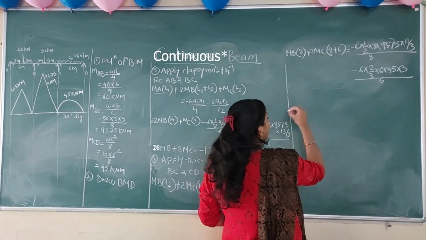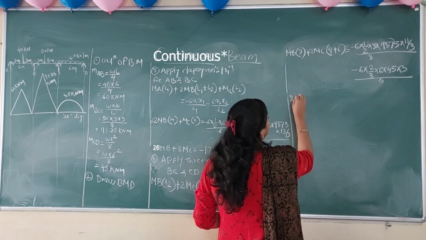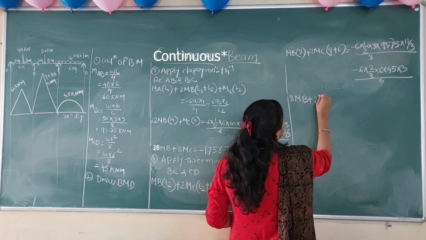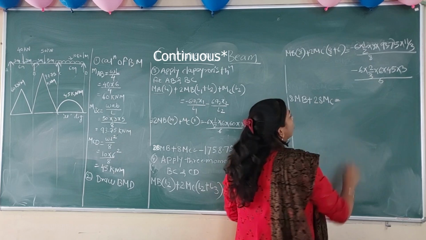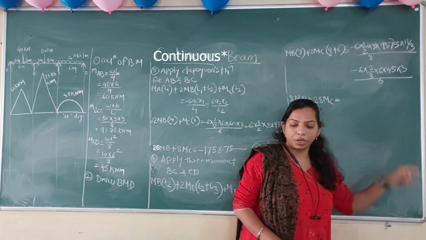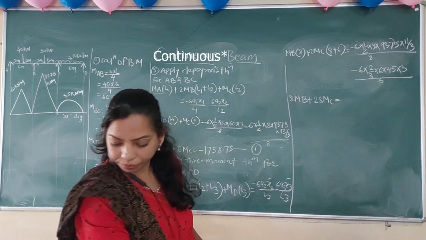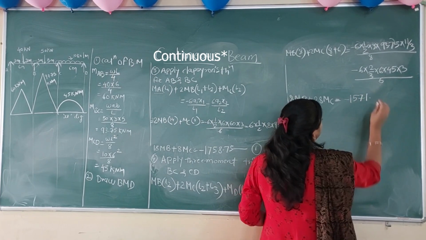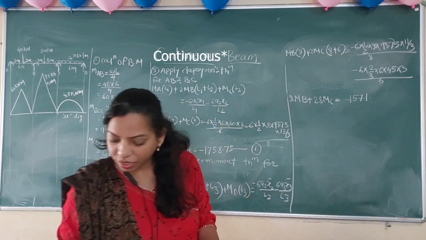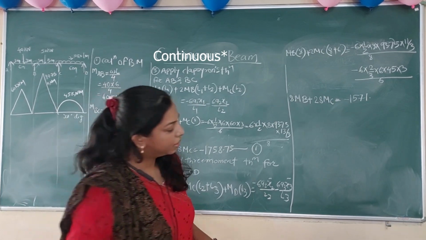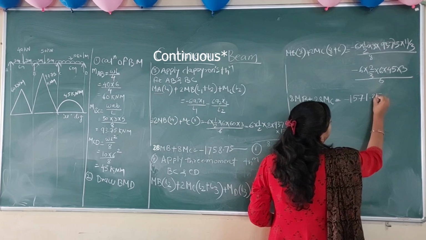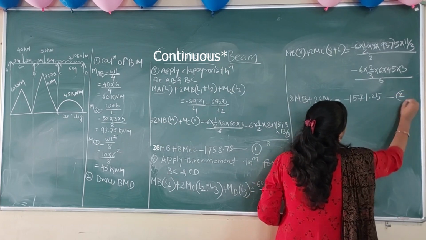By solving this equation we get 8 MB plus 28 MC equal to minus 1771.25. This is equation number 2.